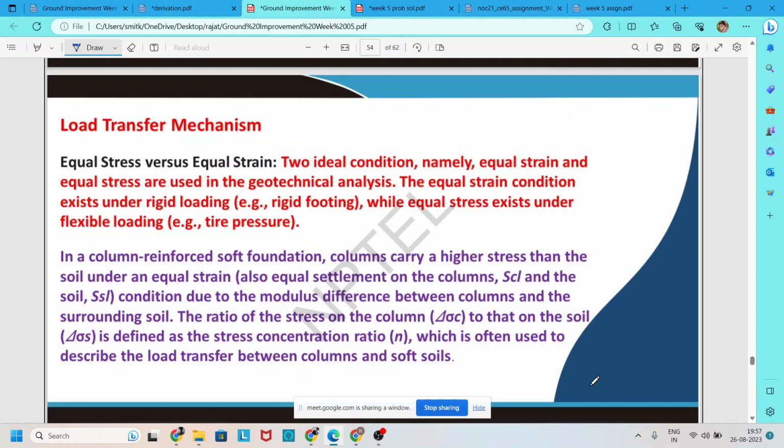So it is said that if there is equal strain in the surrounding soil and the composite column, which is made of good material plus some surrounding soil, like that, one composite column.